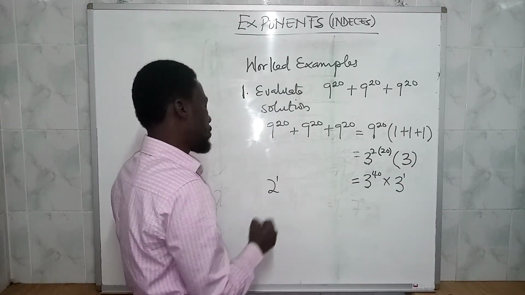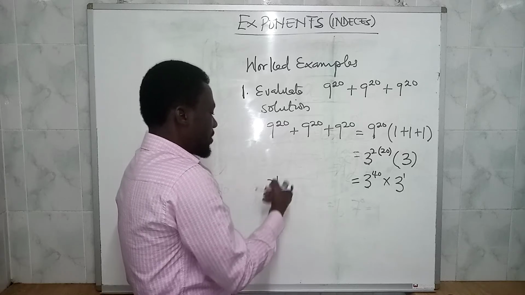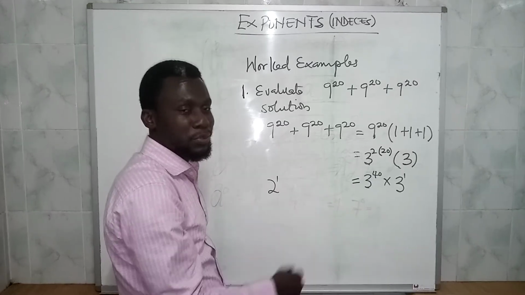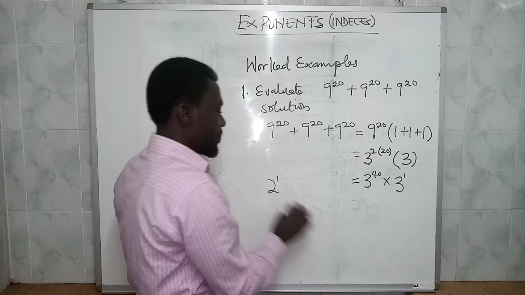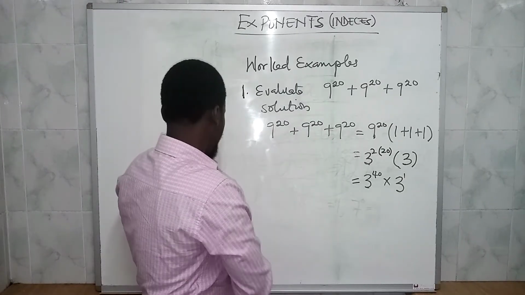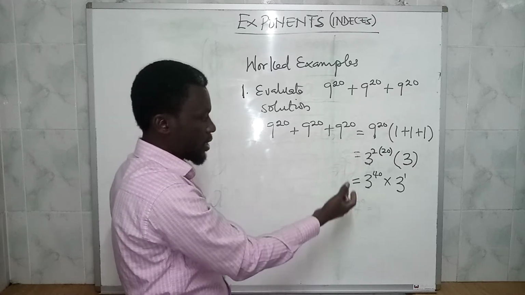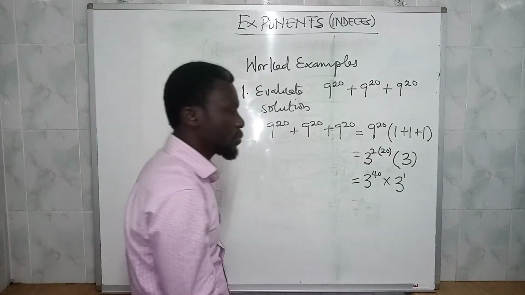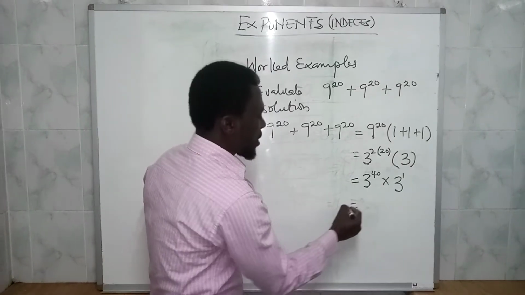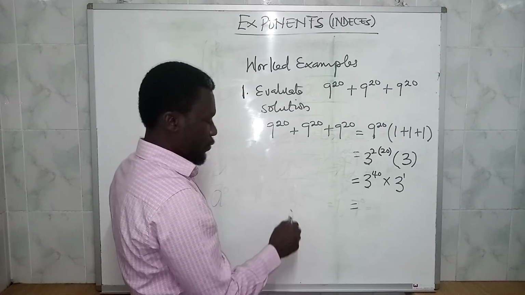All numbers have got powers, but we can't keep writing the powers. 2 raised to the power 1 is 2, 3 raised to the power 1 is 3. But when we are solving questions like indices or exponents, since we are dealing with exponents, we need to indicate the exponent there. So this then becomes, remember the rules we talked about.